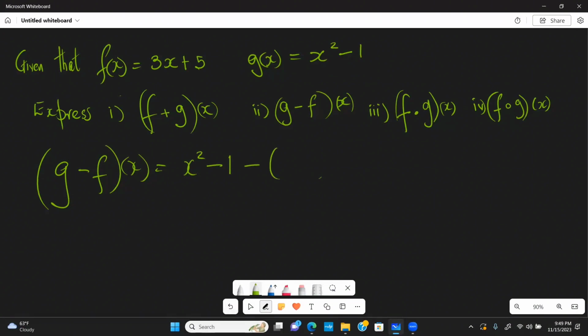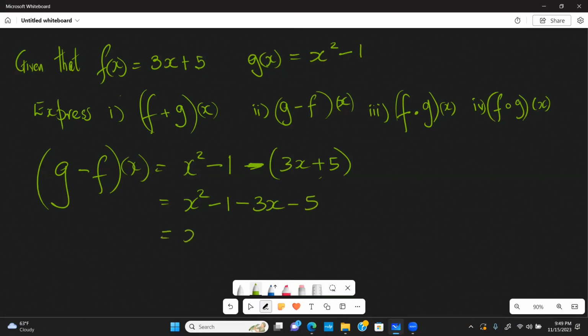But I'm going to make sure that I put this in parentheses so that I carry out the ideas properly. So in this case, I'm going to negate what is in the parentheses, or change the signs, because that's what the negative here would be doing to these. So basically, I'll have x squared minus 1, and then when I distribute this negative sign inside, I get negative 3x minus 5.